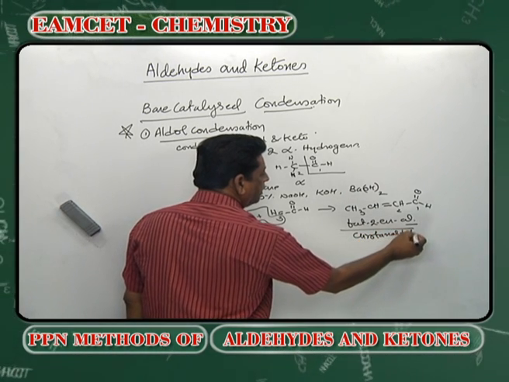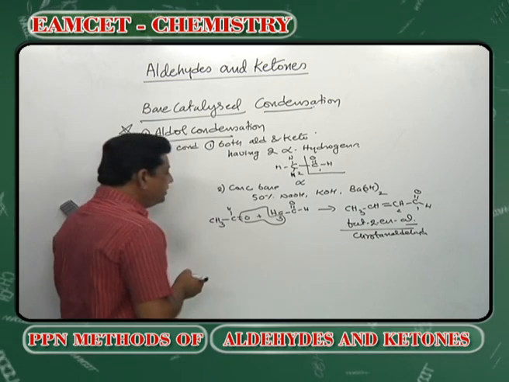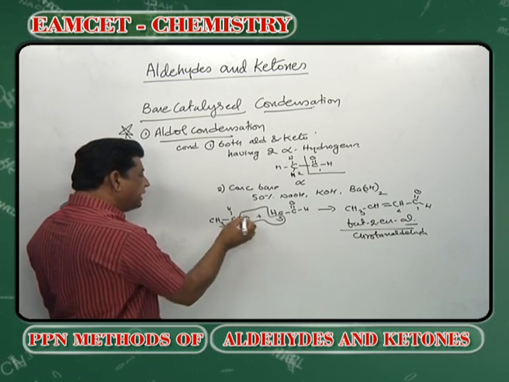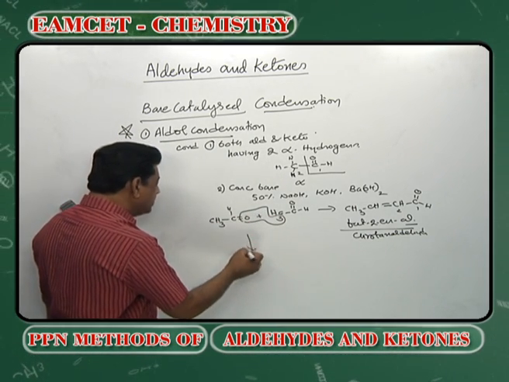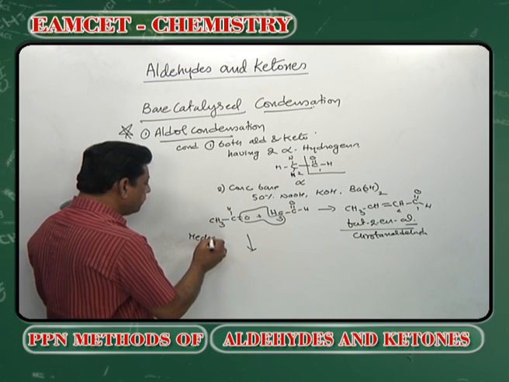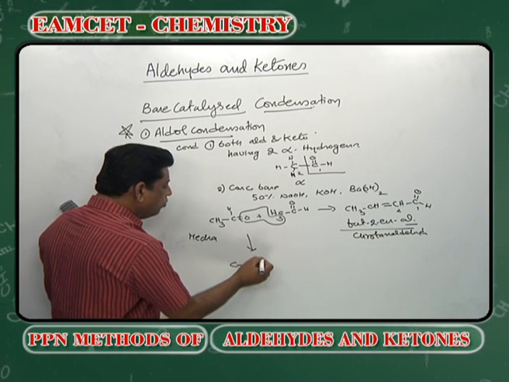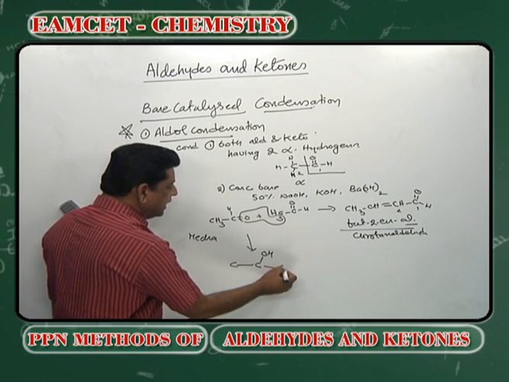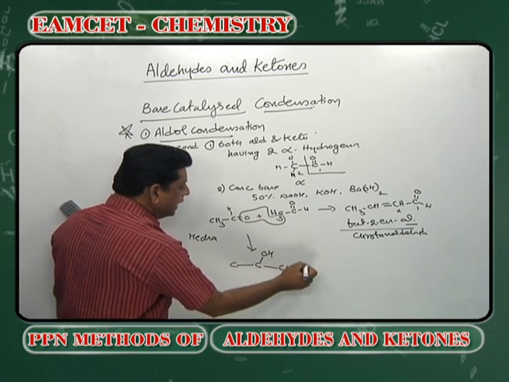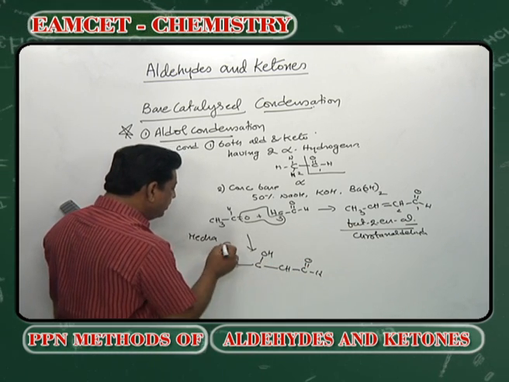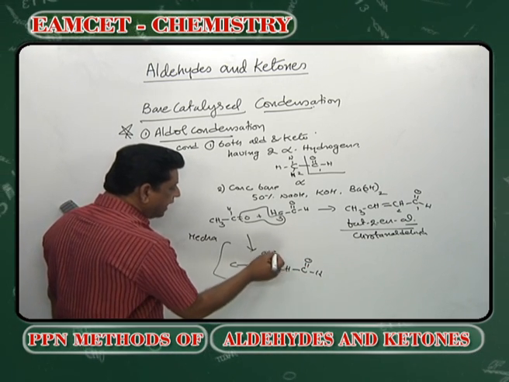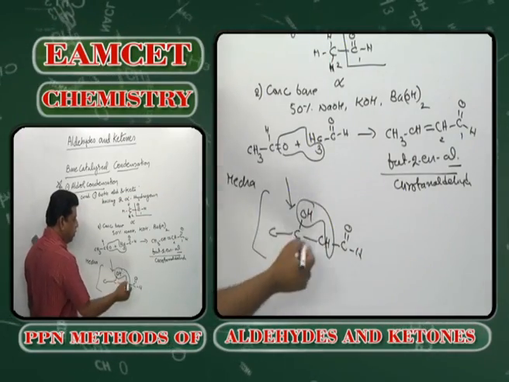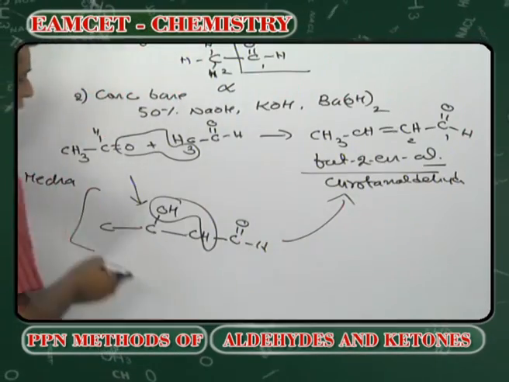How is the reaction proceeding? First of all, 1 hydrogen will be added on the O. So in the reaction mechanism, first the O will take the 1 hydrogen, you will get a CHOH and the rest of the compound will be like this. This is an intermediate compound, but this hydrogen and OH are eliminated as water to get this final compound. There are two stages.